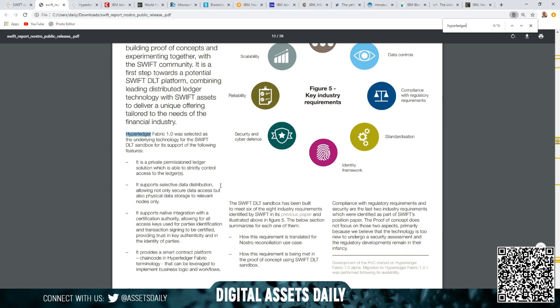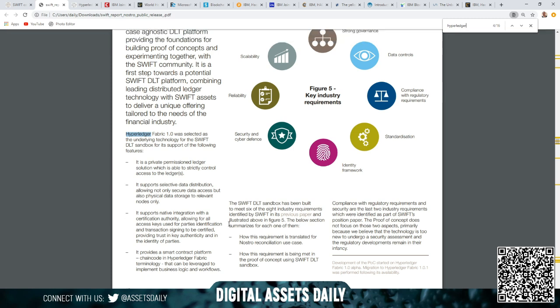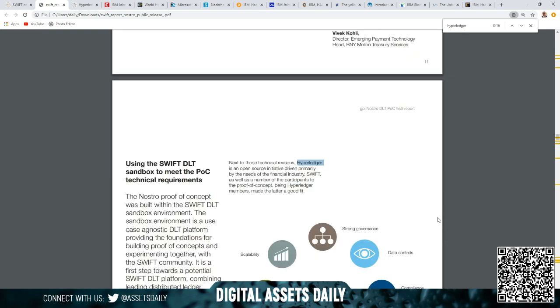You get here the permissioned ledger, data distribution, integration with certification authority, accessing the key authenticity, smart contract platform, chaincode in Hyperledger Fabric terminology. And I believe, again, that's why Ripple is partnering up with Ethereum, because Ethereum does offer smart contracts the way Stellar has it as well.